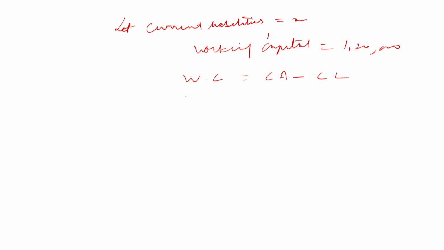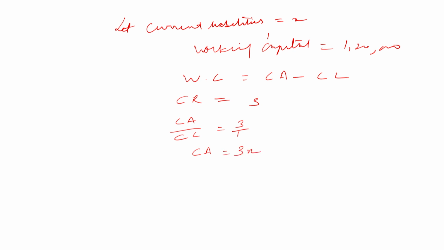And in the question, the current ratio is given as 3. So, current assets upon current liabilities is equal to 3 upon 1, where the current liabilities are assumed to be X. So, we can calculate that the current assets will be equal to 3X.